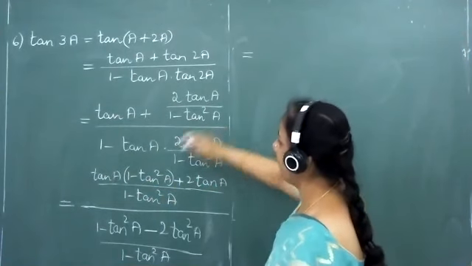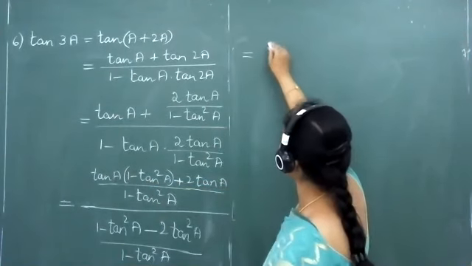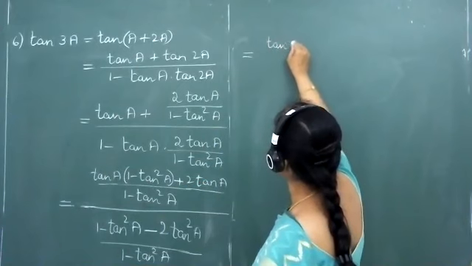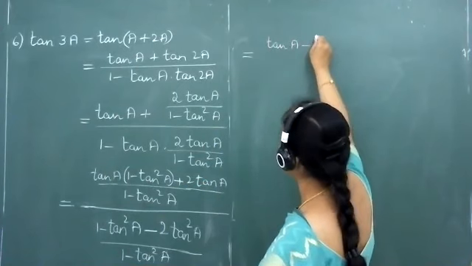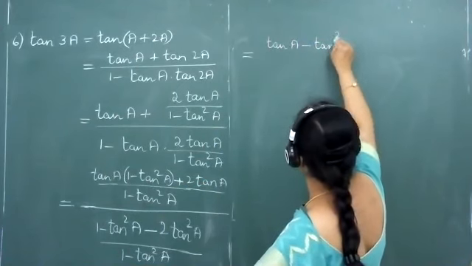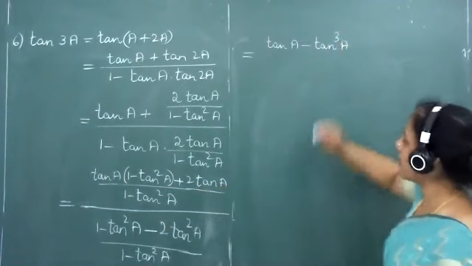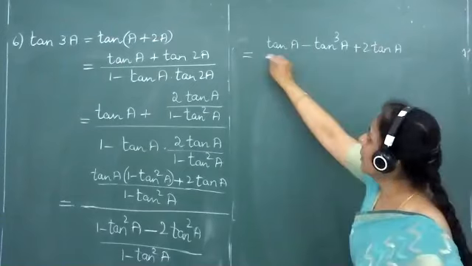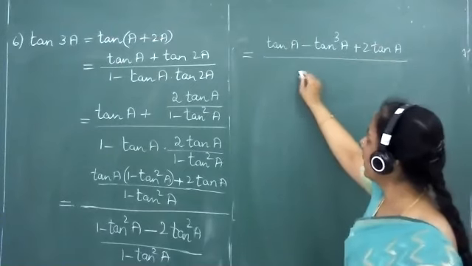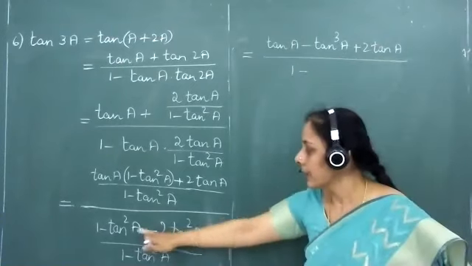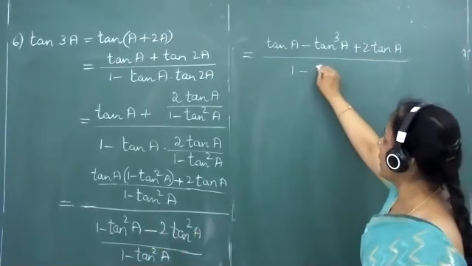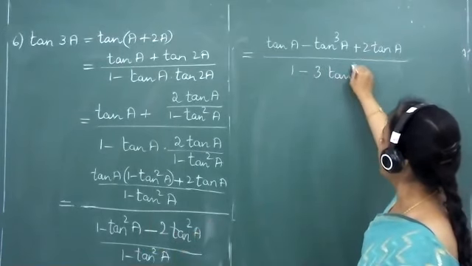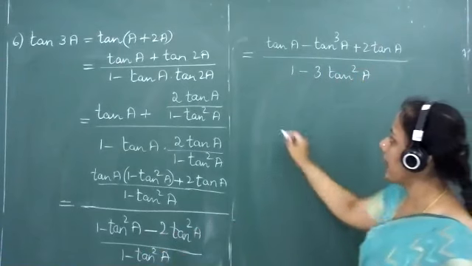So that we have tan A into 1 minus tan squared A simplified as tan A minus tan cube A. The last term keep it as it is, 2 tan A whole divided by, now in the denominator I have 1 minus tan squared A minus 2 tan squared A changing to minus 3 tan squared A.